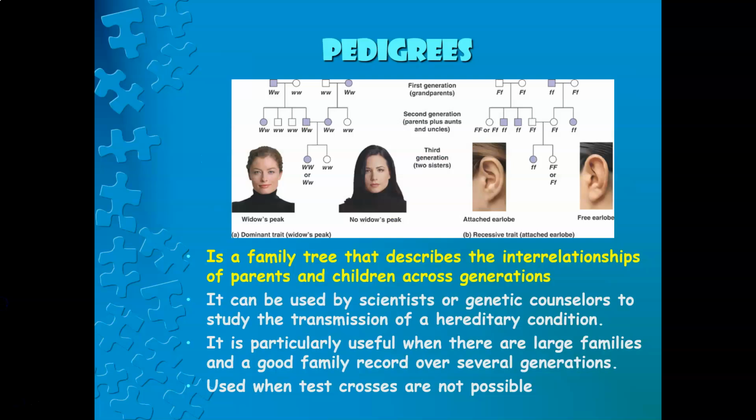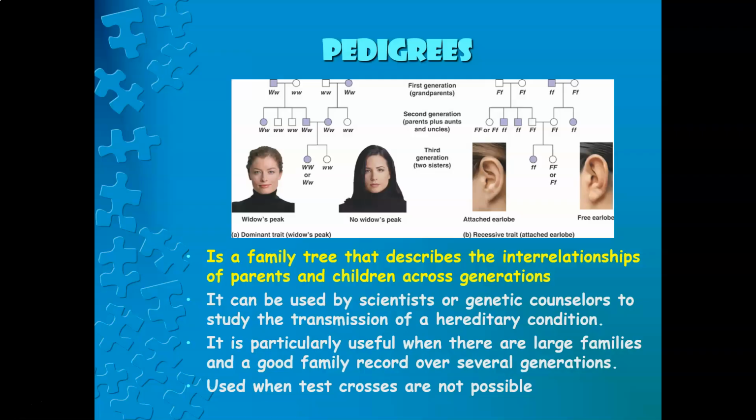So historically, and I believe these are still pretty commonly used, are these pedigrees. Really they're family trees, but they're specifically family trees that are looking at the interrelationships between parents and their children across these generations for hereditary conditions.